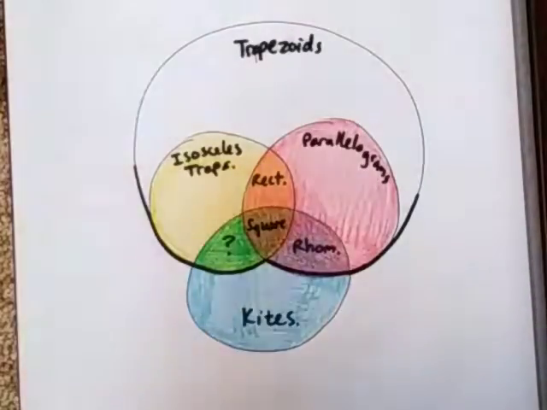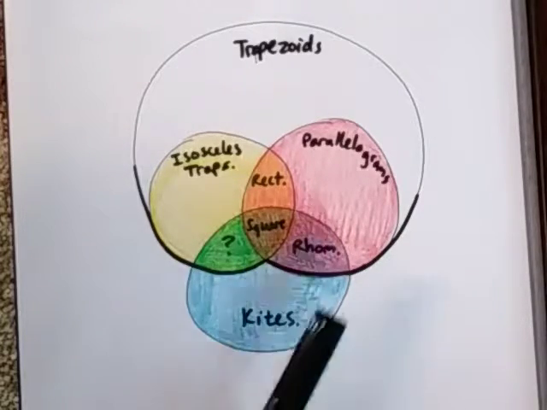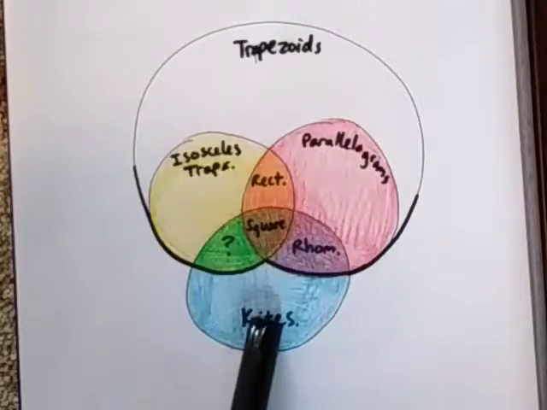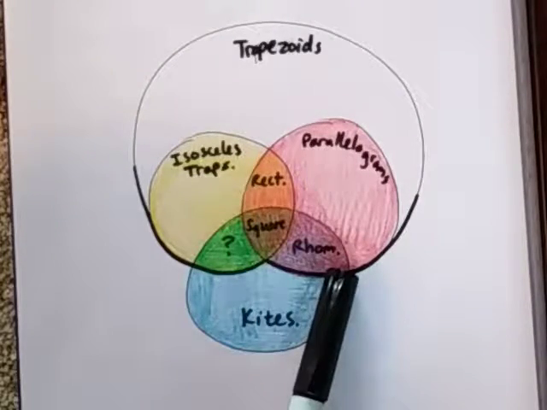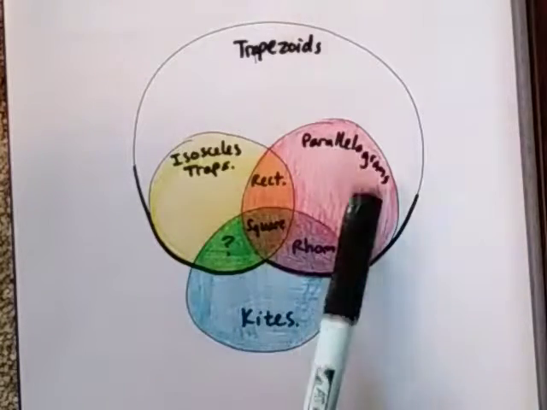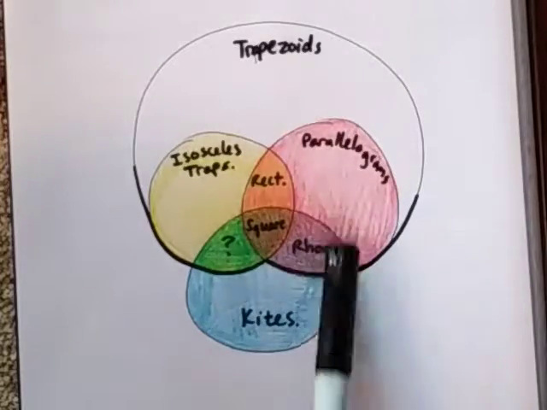But here's the other reason, the big reason why I do not like this. Notice I have this green region, this question mark. I use the colors because usually with Venn diagrams we see the primary colors used, so when we have the overlap we can see the secondary colors used. So we know that the yellow isosceles trapezoids and the red parallelograms make the orange rectangles. Blue and red make purple.